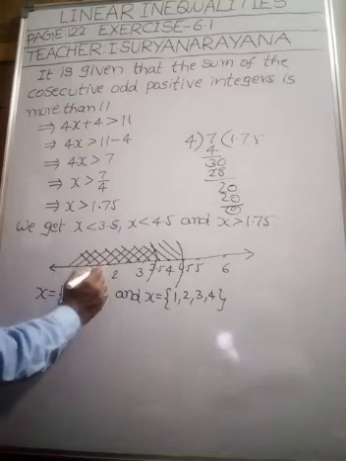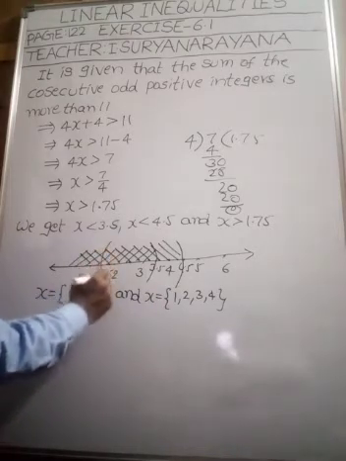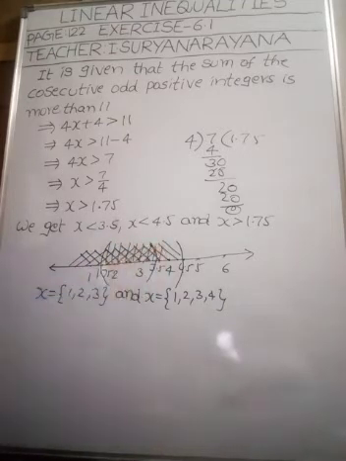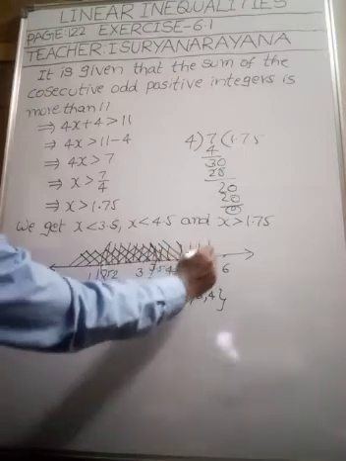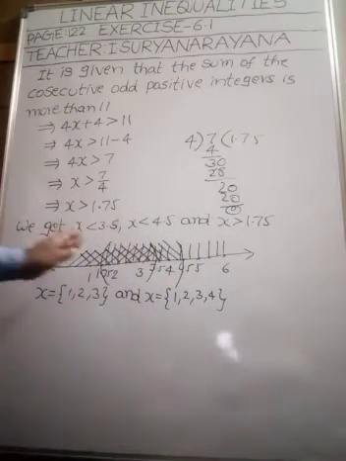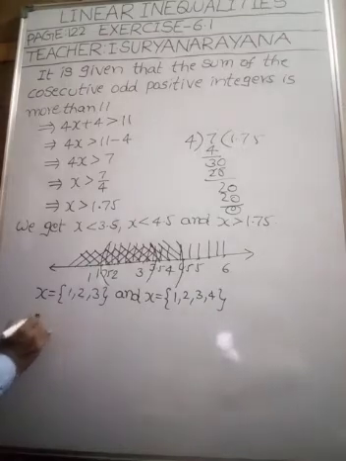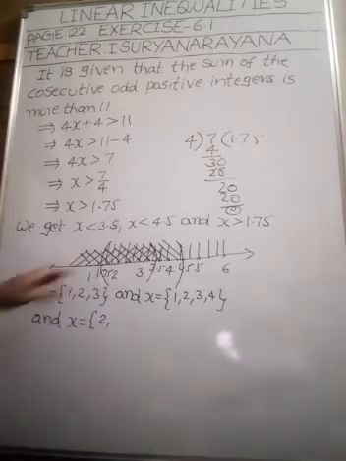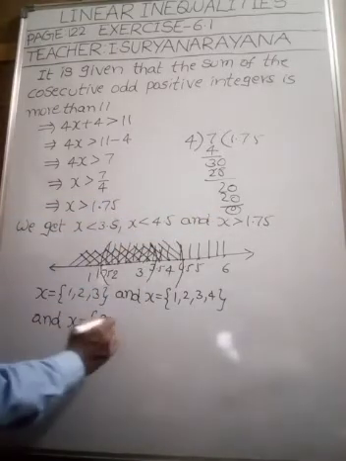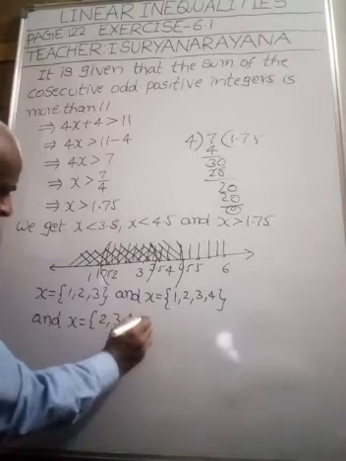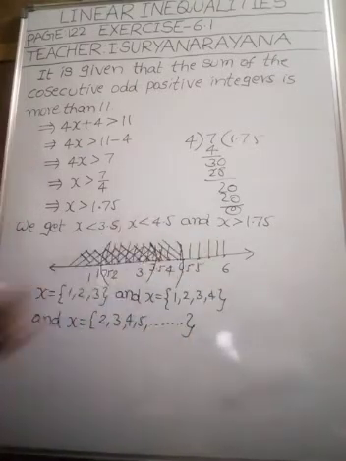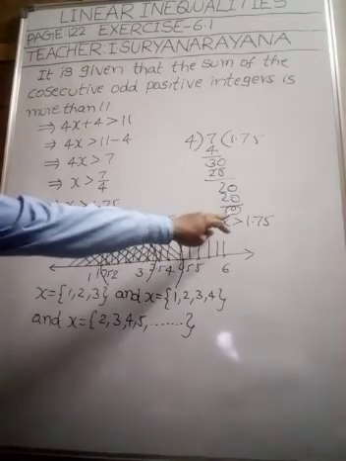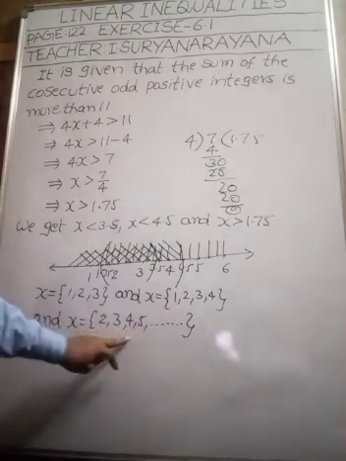Here 1.75. So this region. All the positive integers greater than 1.75. What are they? 2, 3, 4, 5 and so on. All these positive integers satisfy this inequality. Understood this step, my dear children?